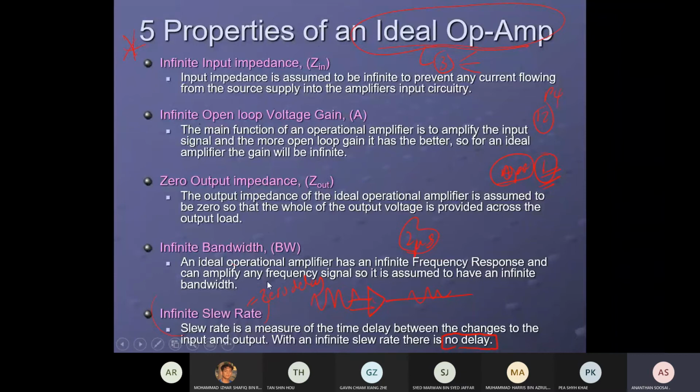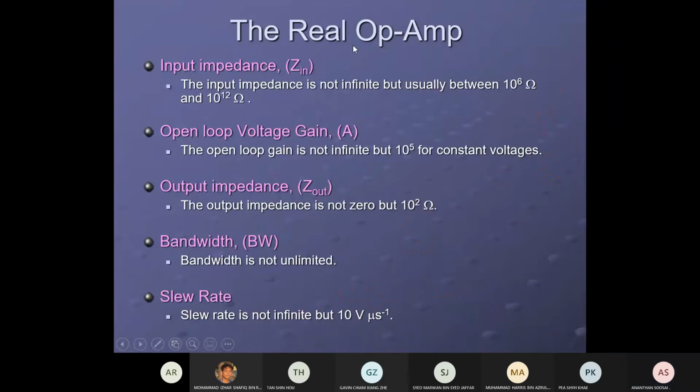This is something new you are learning. Now this is the ideal op amp, but for a practical op amp, these are not infinite and zero. They have some value. The most important value you need to remember is the gain. The others, the actual values, you don't need to remember. The real op amp has impedances that all have a value. It's big, but not infinite. But the most important value you need to know is the gain.